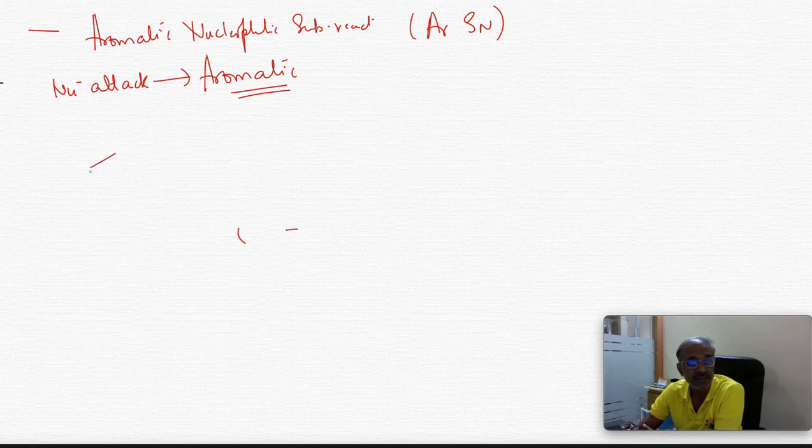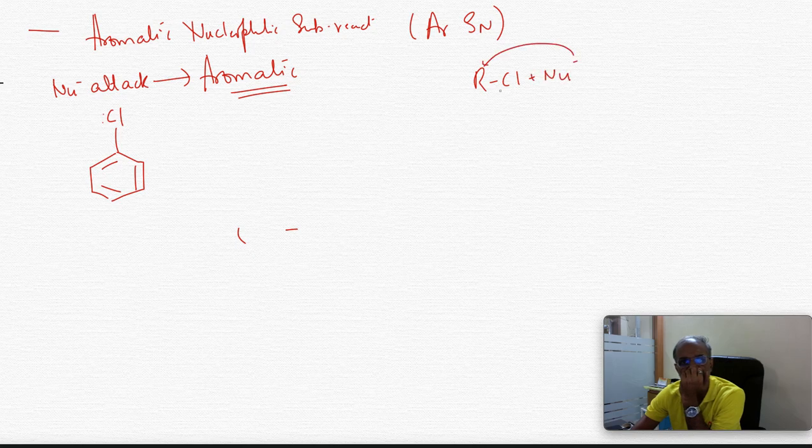I'll give you an example. Take for example, this is chlorine, a leaving group, fine. Now what happens if there is an RX, take for example RCl? Easily a nucleophile will come and attack, and this will go.